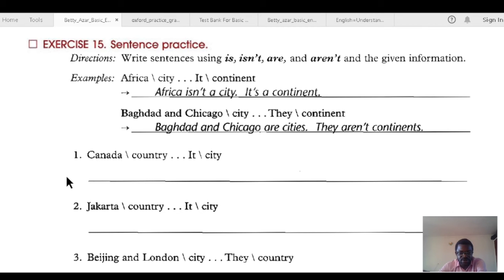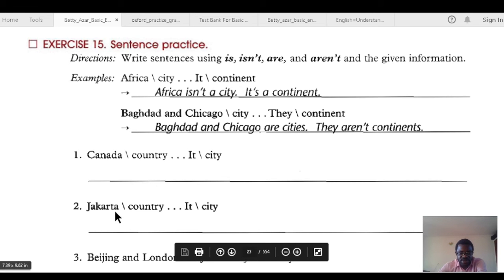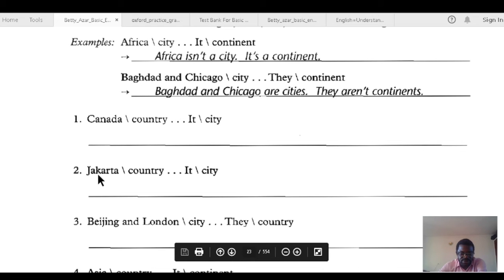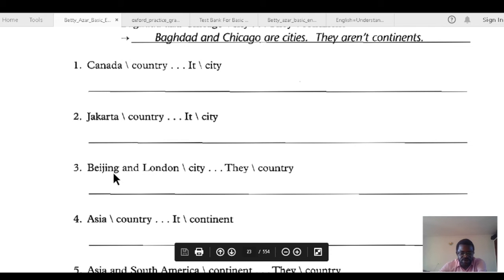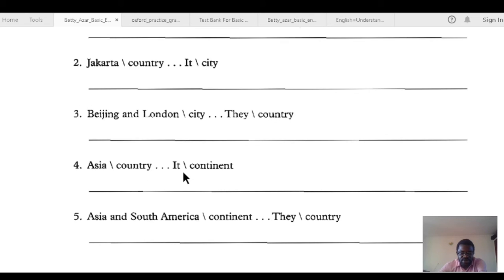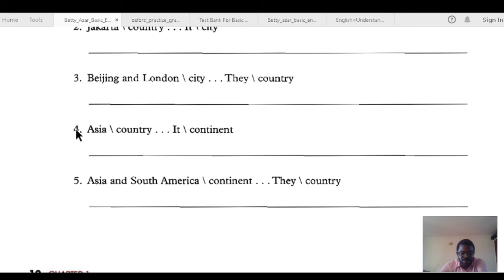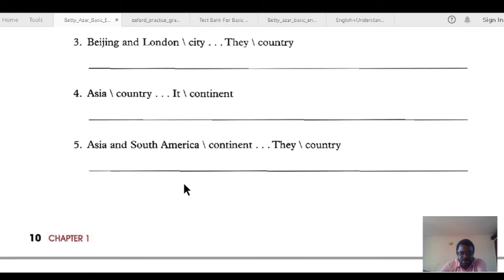Canada is a country. It isn't a city. Jakarta is in India, is a city, not a country. Beijing is in China. London is in the United Kingdom. Asia, you see, that's where Cambodia and Thailand all are, in the Asian continent. Asia, and South America is also a continent.